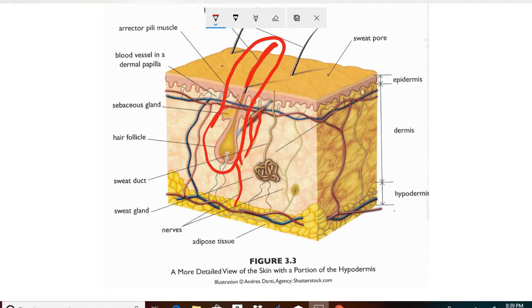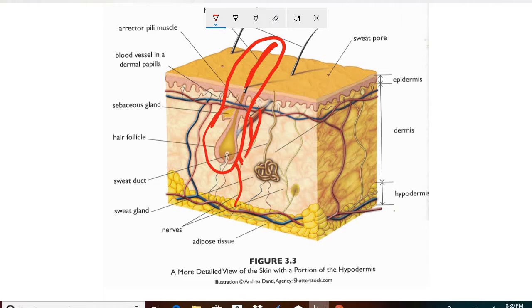But if your hair is pulled, or if it's blown by the wind, you do feel that. And the reason that you feel it is because these neurons that are in the dermis, so these nerve fibers that are in the dermis, send a signal to the brain that your hair is being pulled.